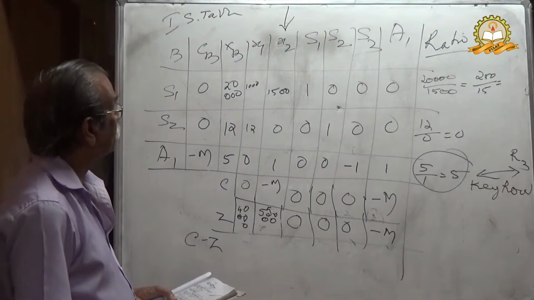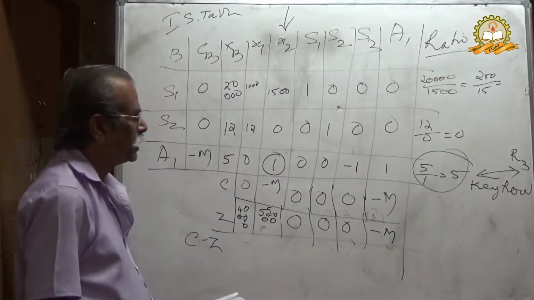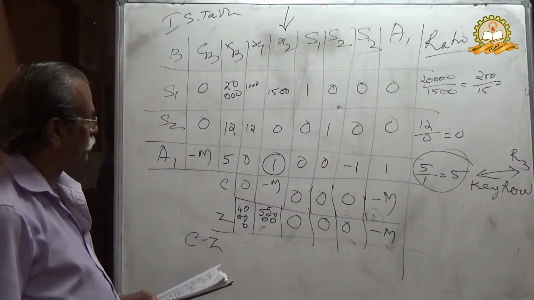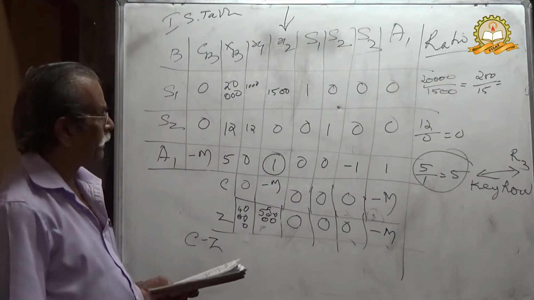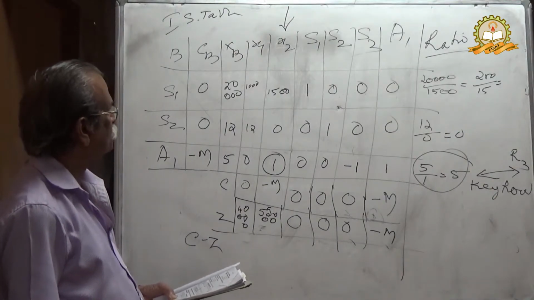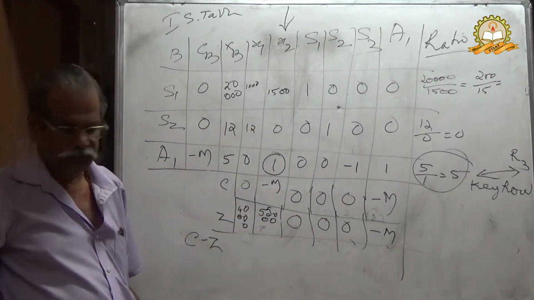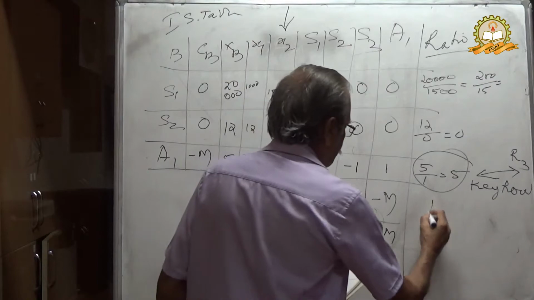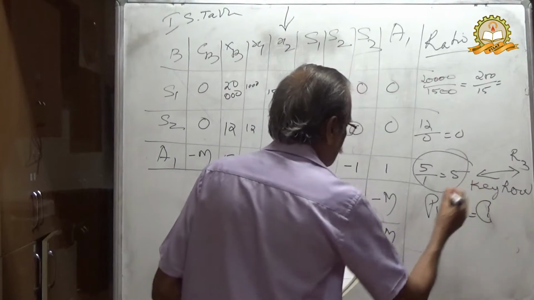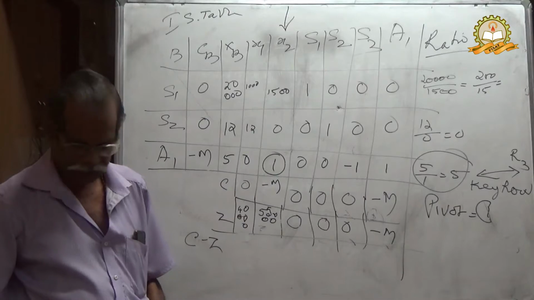Key row R3 and the column under X2, the pivot column, intersect at the point 1 under X2. Therefore, 1 is the pivot number. That is the cutting point of row R3 and X2, the pivot number.